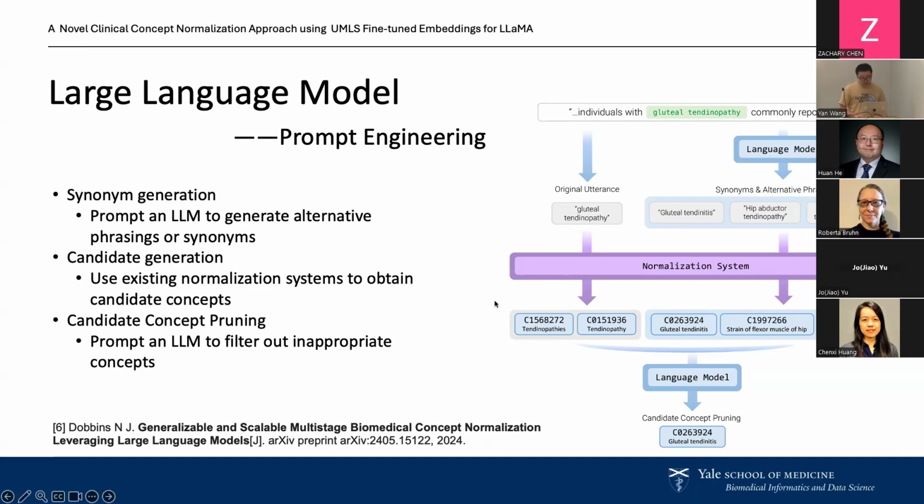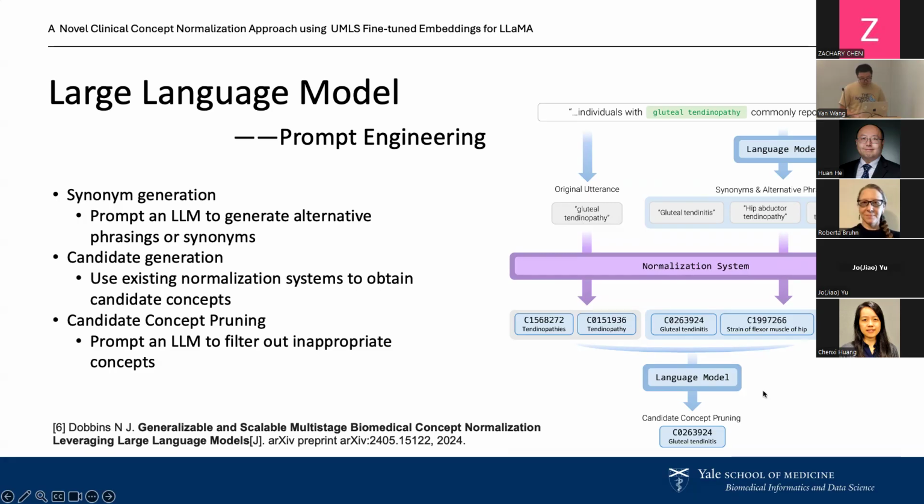In the paper shown here, the authors firstly prompt the LLM to generate alternative phrasing or synonyms of a given input text span to be normalized. Then they use existing normalization systems like QuickUMLS and BM25 to attempt to normalize both the source text span as well as the candidate alternative spans.